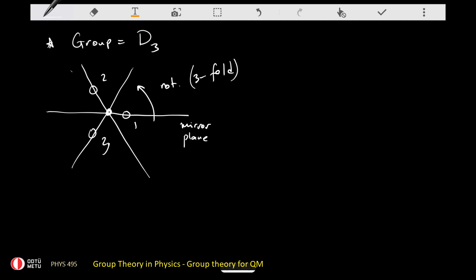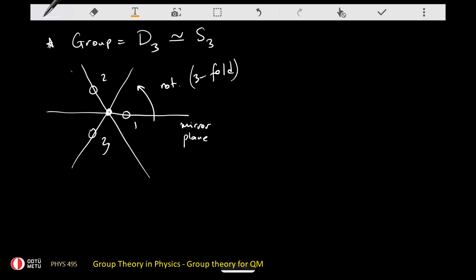That means there are 6 operations in there, and the group is basically the dihedral group. We know that this is isomorphic to S3, because I can also consider these operations as the permutations of these atoms with each other. With the s orbitals, everything is very simple.